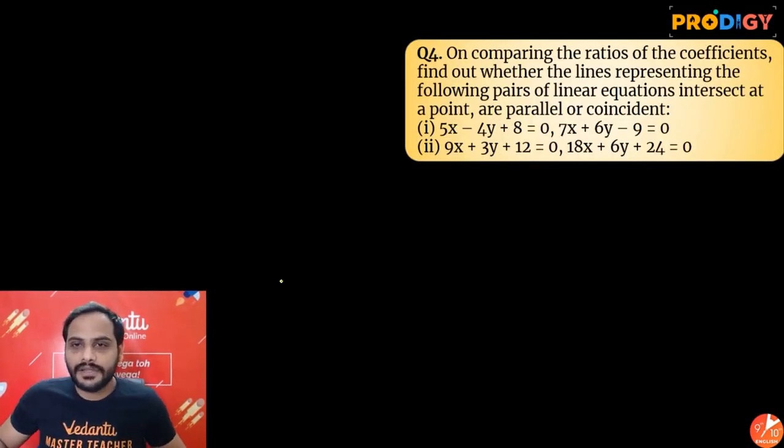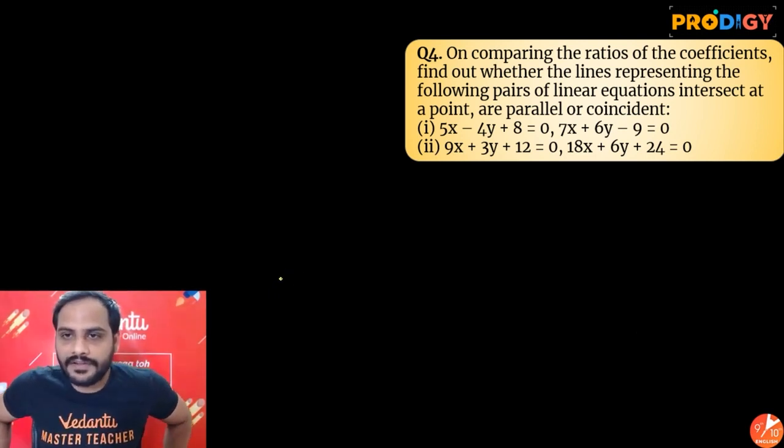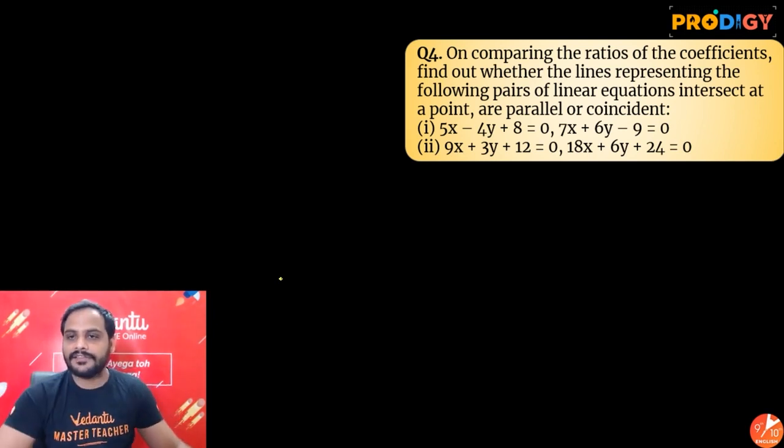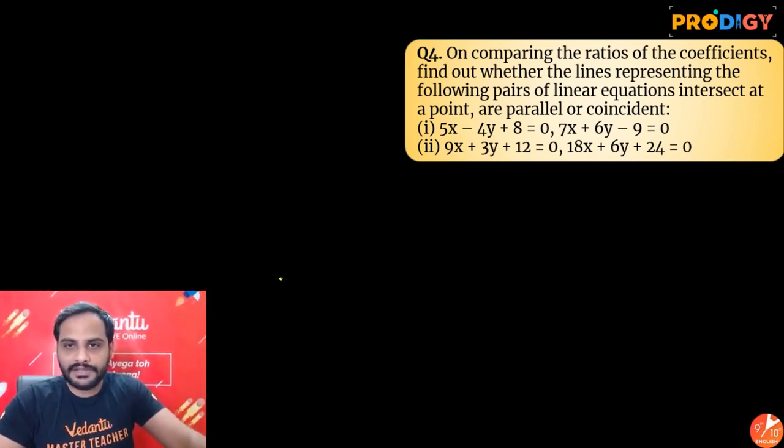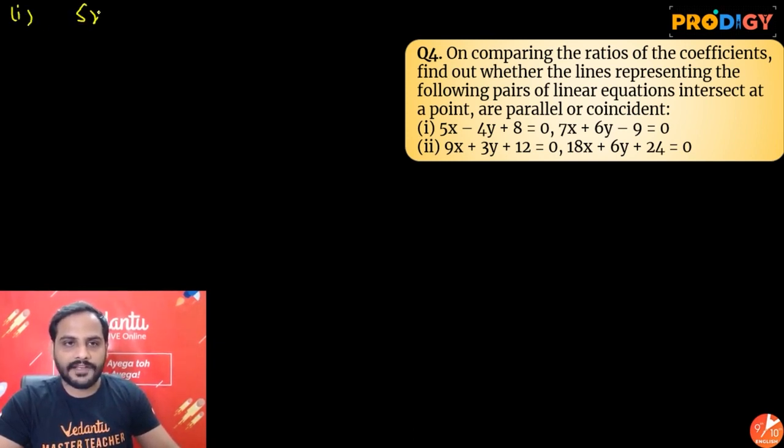What it is saying is, on comparing the ratios of the coefficients, find out whether the lines representing the following pair of linear equations intersect at a point, or are parallel, or coincident. Let's look at the first case. We have 5x minus 4y plus 8 equal to 0, and 7x plus 6y minus 9 equal to 0.